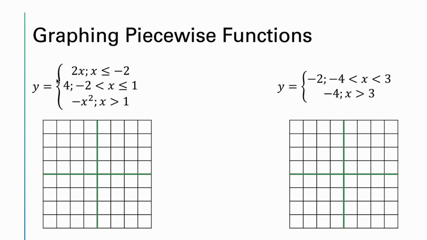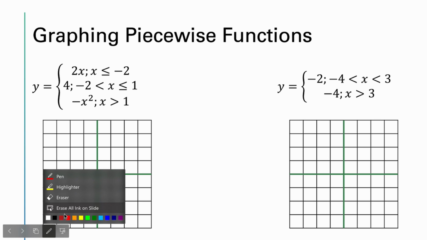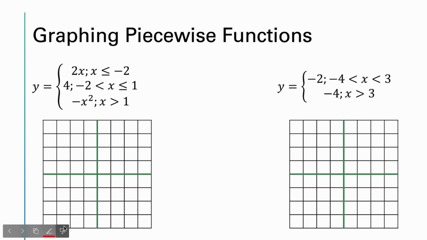Negative 2 plugged into 2x. X is again negative 2, so we plug that in here. 2 times negative 2 is equal to negative 4. So our starting point is actually negative 2, negative 4, which is here. And let me grab my pen. So this is negative 2, negative 4.